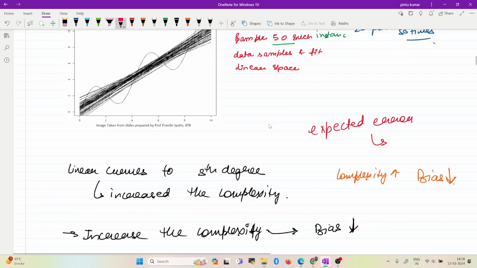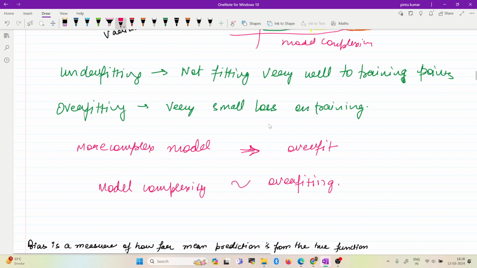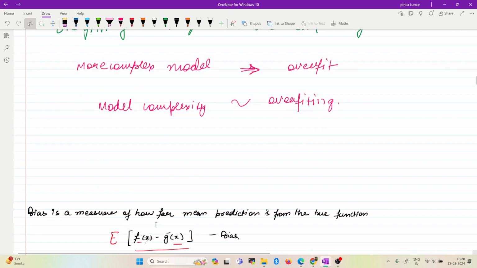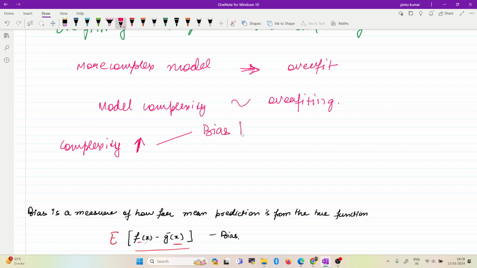Now let's relate it to bias, and find a relation between bias and overfitting. I said that if your model complexity is high, that means your bias is low, and that also means you are overfitting.